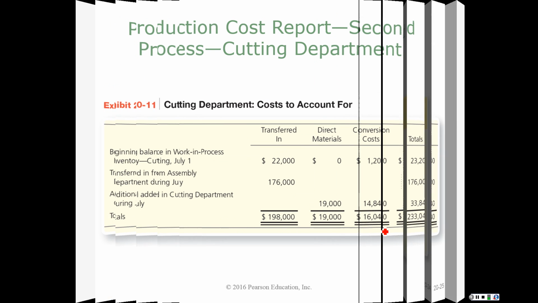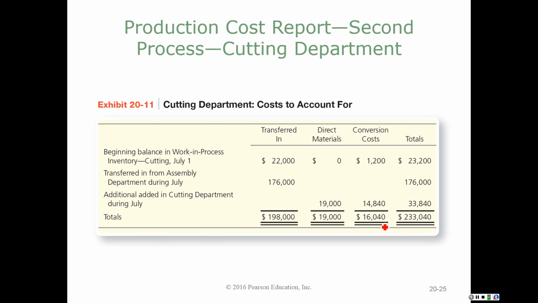Right? Let's take that one step further. Here are our costs. Your book tells us that we have $233,040 worth of cost that are flowing through the cutting department. Okay, and we can back that up. We know that 19,000 of those costs were in materials, and we know that $16,040 of those costs were in labor and overhead, and 198,000 are the costs that were transferred in.